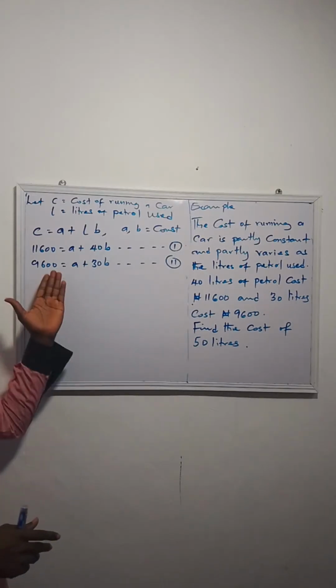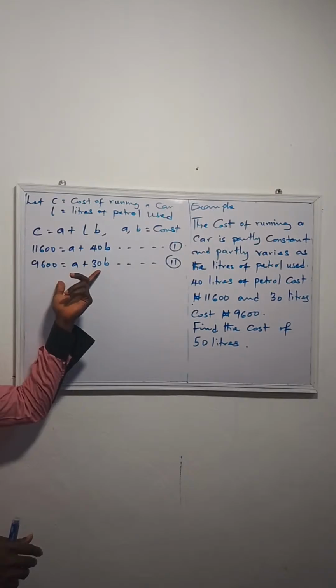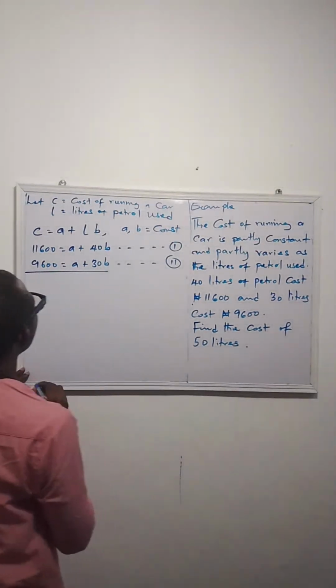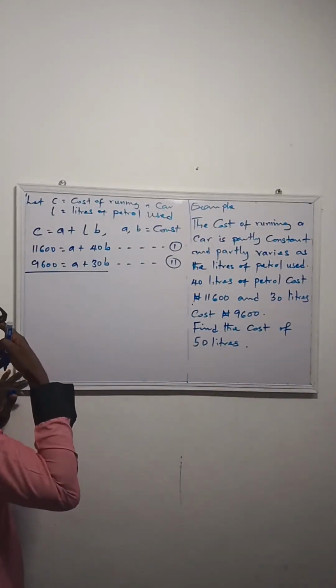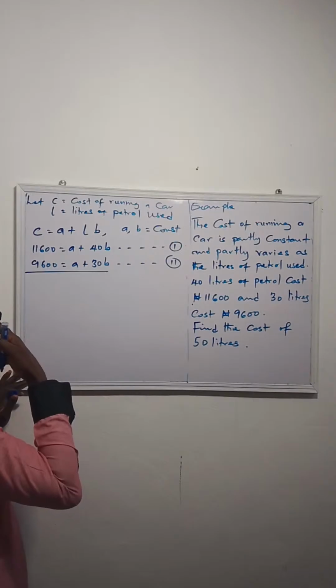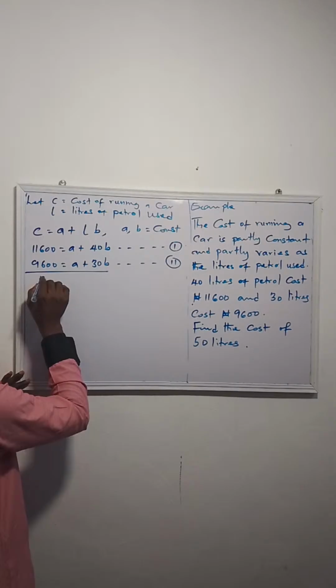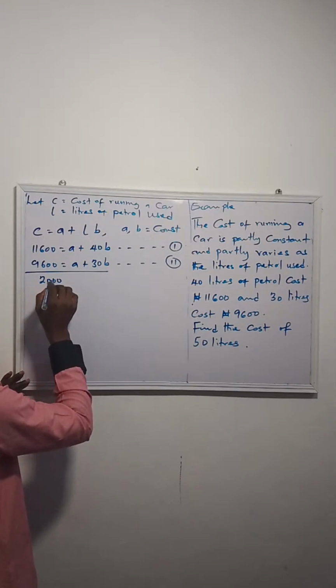So you subtract one from the other. Now, let's subtract equation 2 from equation 1. Can we do that? So when you take away 9,600 from 11,600, you'll be left with 2,000.